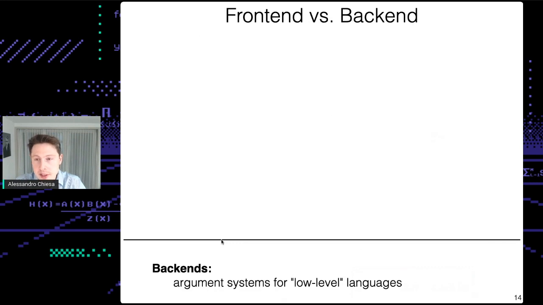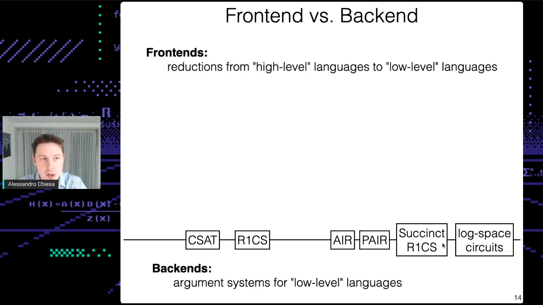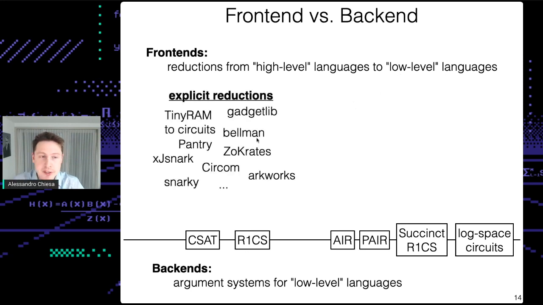I'll just point out there's a difference between front ends and backends. This will come up in the last talk. The backend is you have some argument system for a low-level language. Usually this is some circuit language or some machine language. And separately, you need to have some high-level language, with a reduction from the high-level language to the low-level language. And you've seen some of these names in some of the sponsor talks.